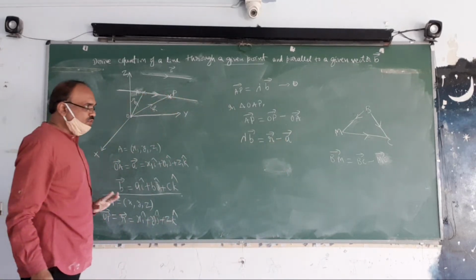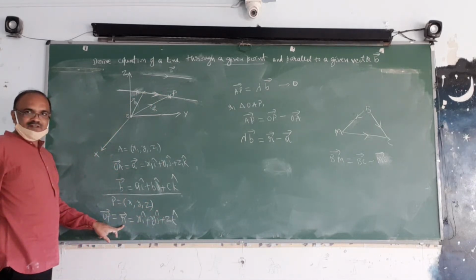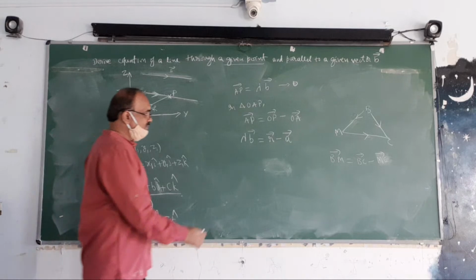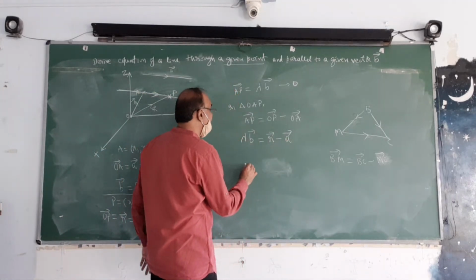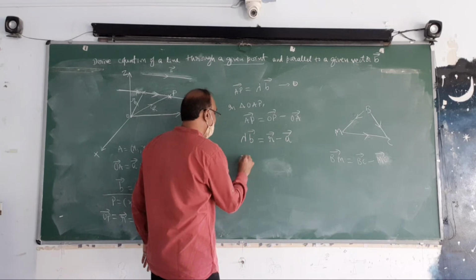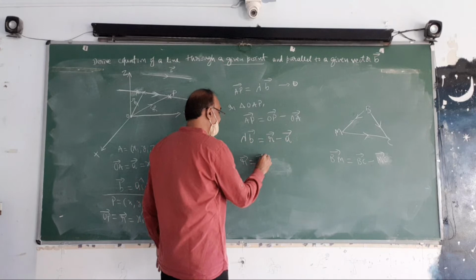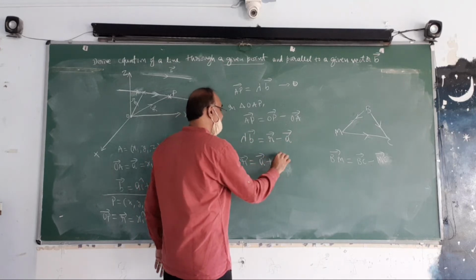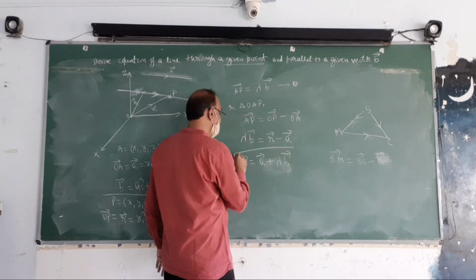Okay. Now what you need to find is the general point on the line, that is vector R. So keep R on one side, and send this to the other side. I'll write vector R on one side, and this one comes to this side: vector A plus lambda times vector B. That's it.